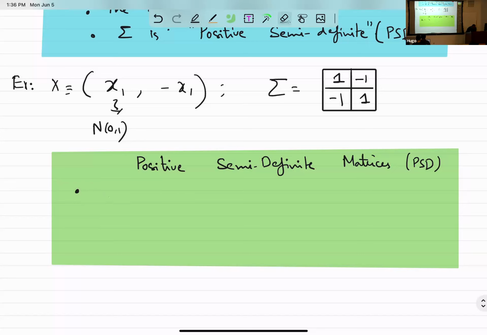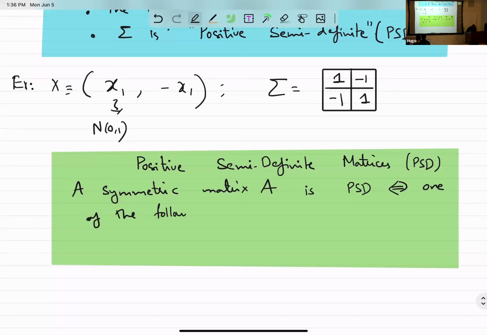It's actually only defined for symmetric matrices. So a symmetric matrix A is PSD if and only if one of the following holds. I mean, they are equivalent really.